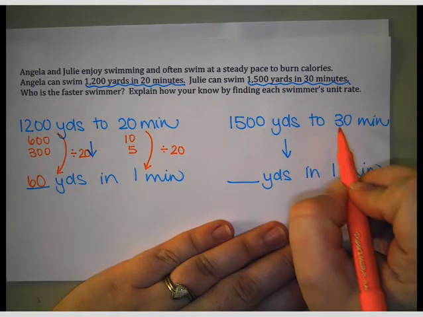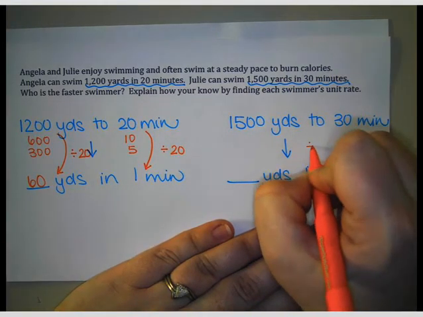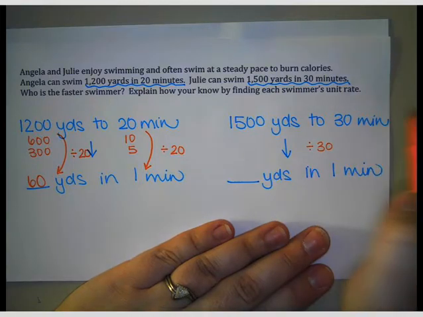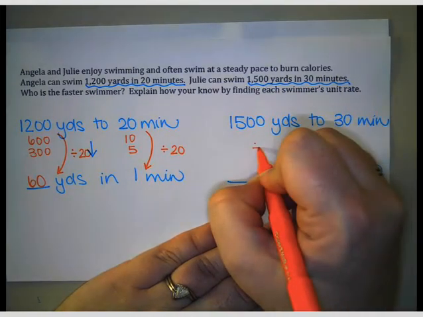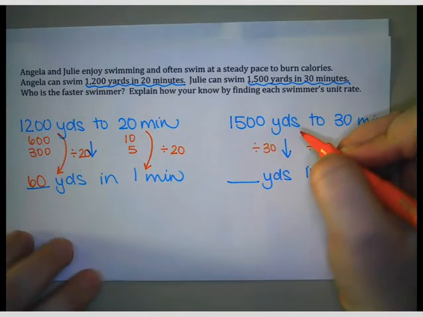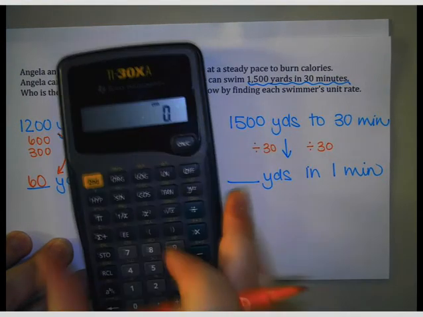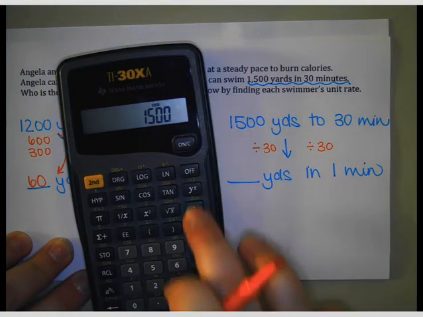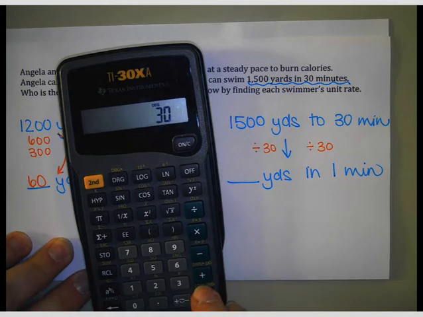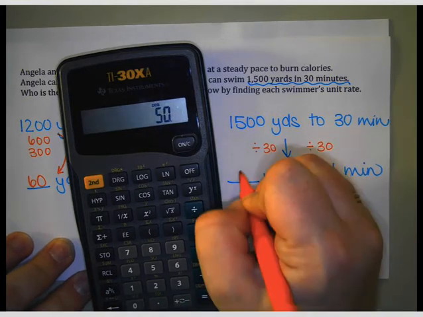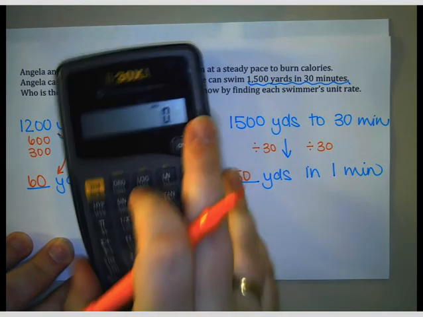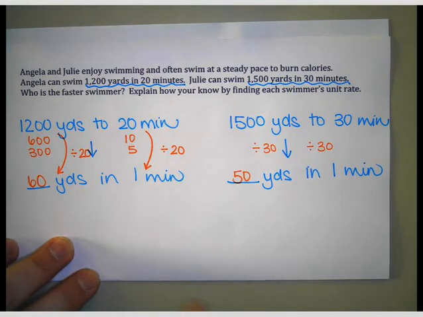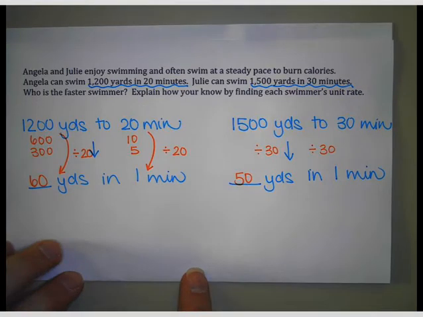Well, to get from 30 to 1, I divide by 30, so I can take 1,500 and divide by 30 as well. If you can't do that in your head, you're welcome to grab a calculator. 1,500 divided by 30 is 50. So Julie swims 50 yards in 1 minute.